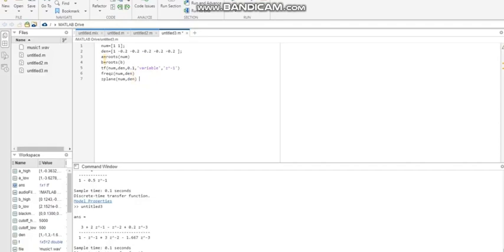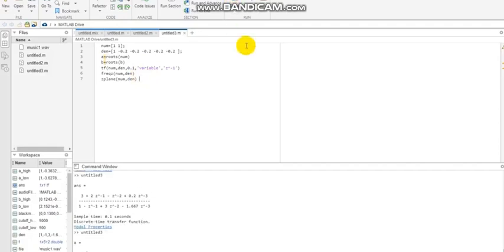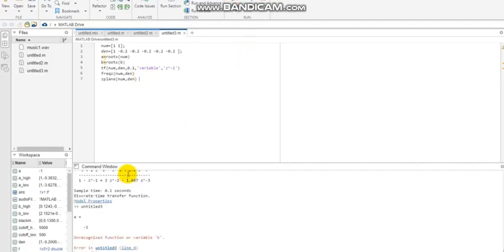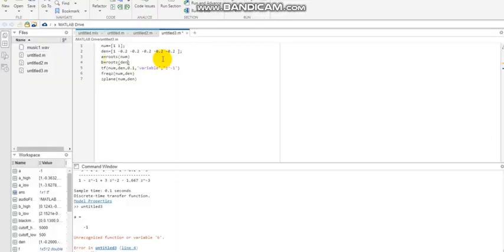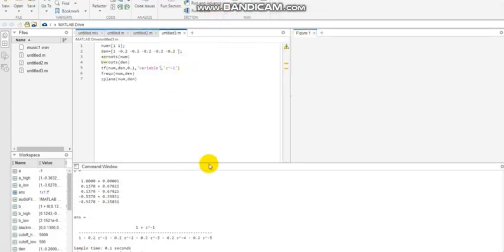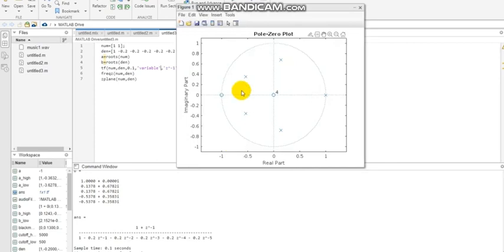These tasks were given by the teacher to us, and we are performing them. As we run it, we have an error, so we change b roots. We need to clear it and make b equal to the denominator. Now we run it, and this is our result.